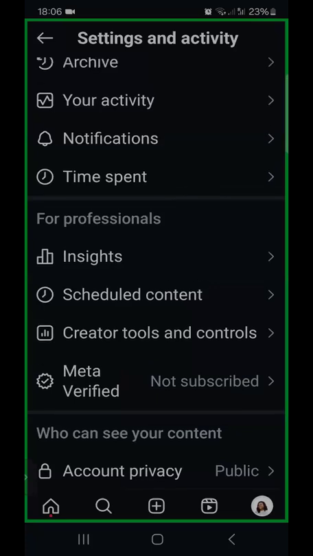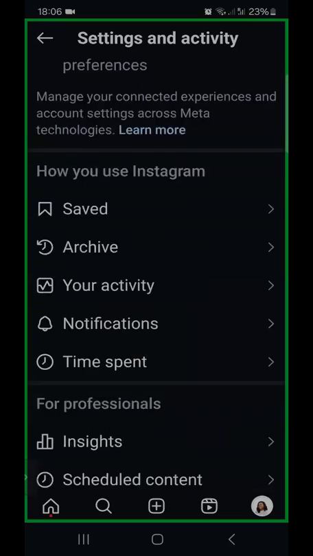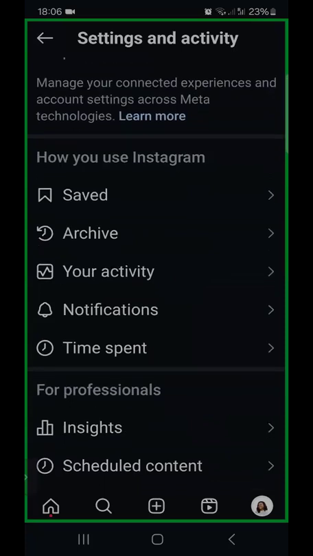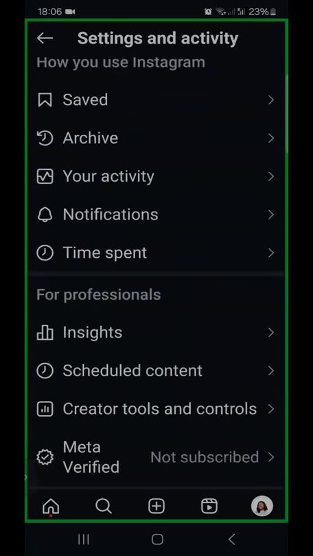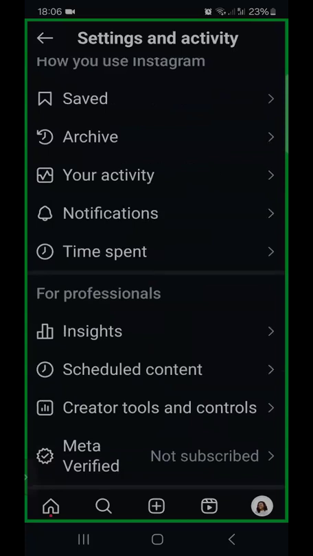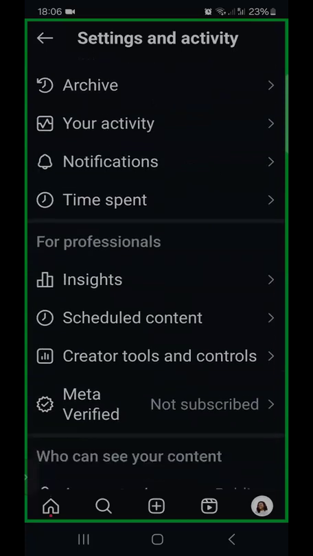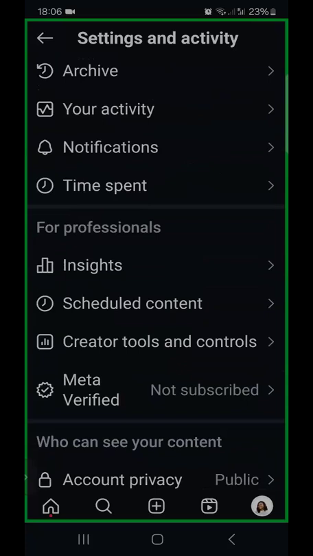Now we're looking at understanding Instagram analytics, and Instagram analytics is basically Instagram insights, and I'm sure that you can see that in the for professional section.